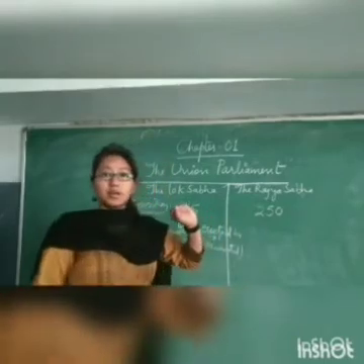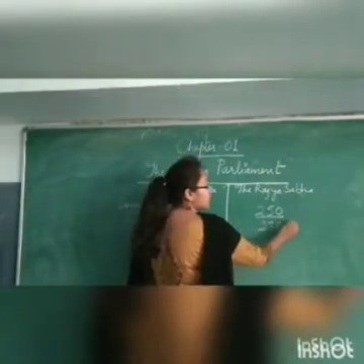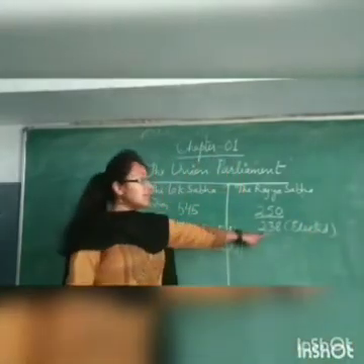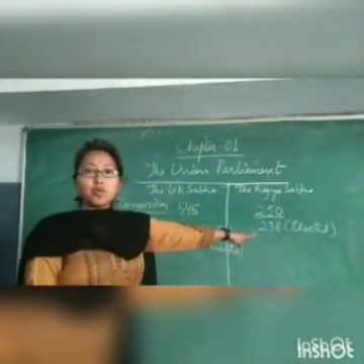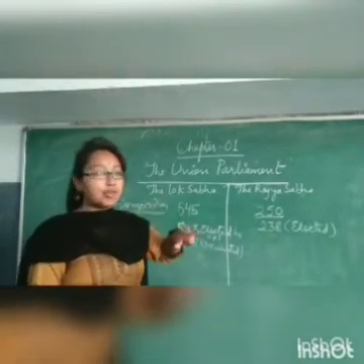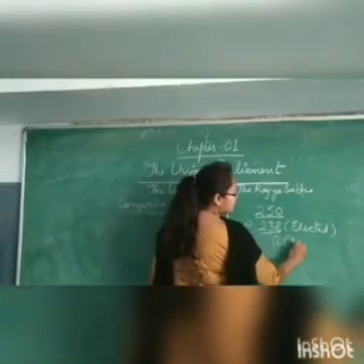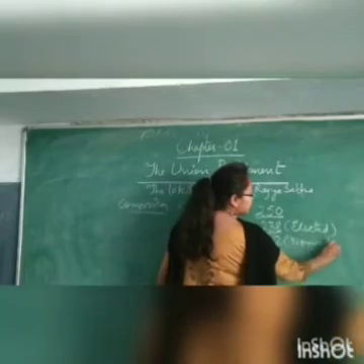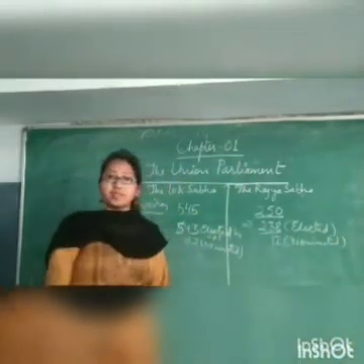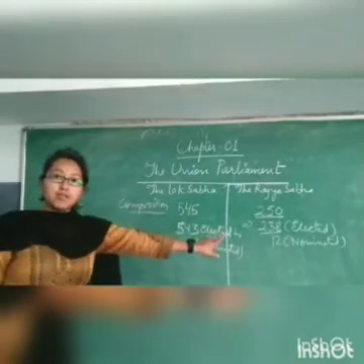In Rajya Sabha, 250 are the total members, out of which 238 are elected by the elected members of the Legislative Assembly of that state, and 12 are nominated by the President. So this is the composition of Lok Sabha and Rajya Sabha.